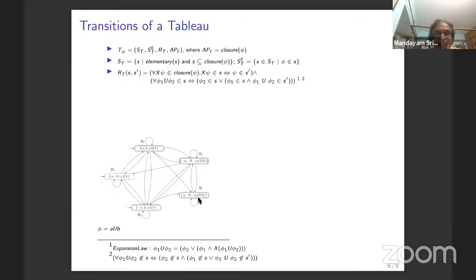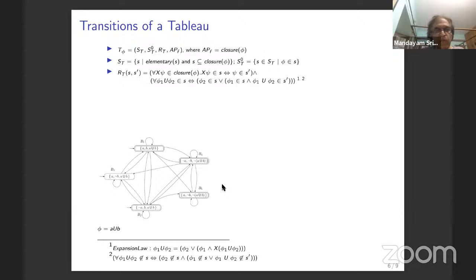Here the negation is there, and therefore it will have a transition only to the negated version, so to itself and to that negated version, and nothing else. That's how you complete the transitions.